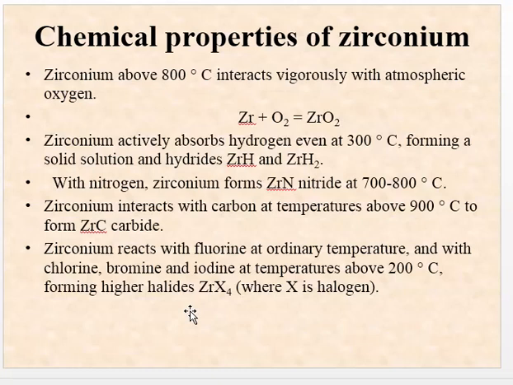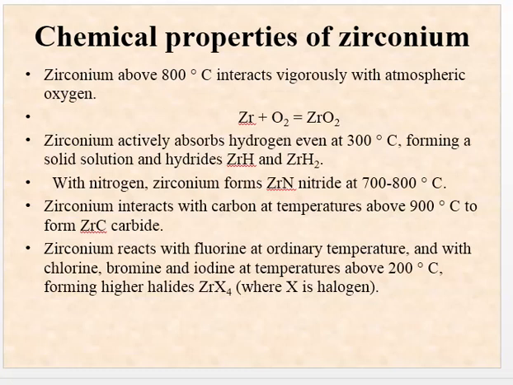About the chemical properties of zirconium. Zirconium above 800 degrees Celsius interacts vigorously with atmospheric oxygen. Zirconium actively absorbs hydrogen even at 300 degrees Celsius, forming a solid solution and hydrides. With nitrogen, zirconium forms zirconium nitride at 700-800 degrees.